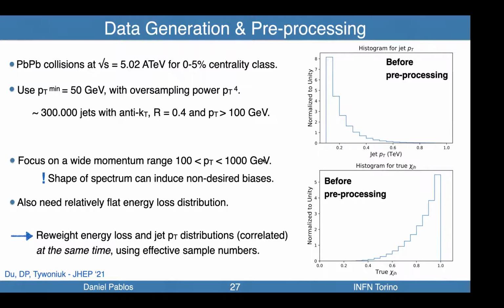When we try to extract this energy loss ratio, we also want to have a distribution that is as flat as possible in the energy loss ratio, not to give any preference to any particular energy loss ratio when minimizing the loss. So we use effective sample numbers to obtain flat distributions both in pT and chi at the same time.